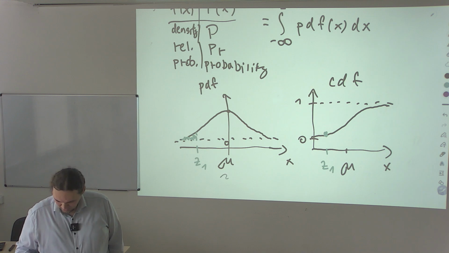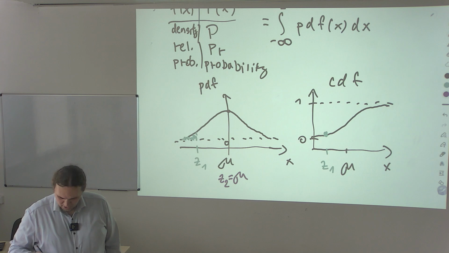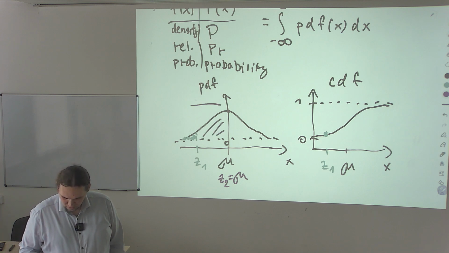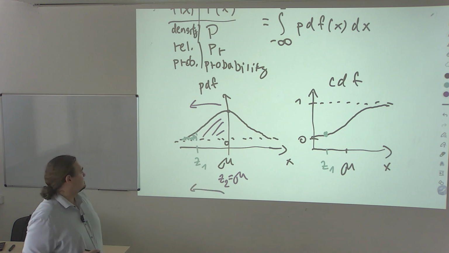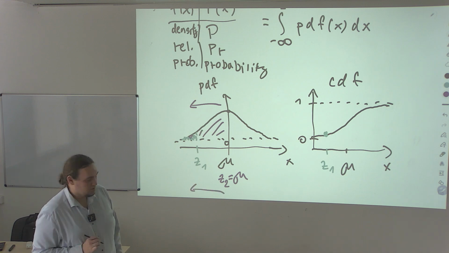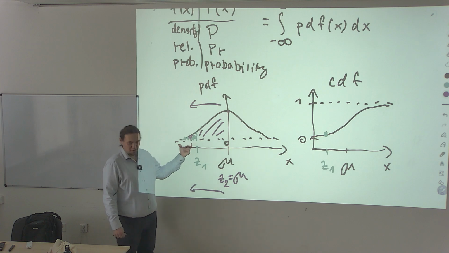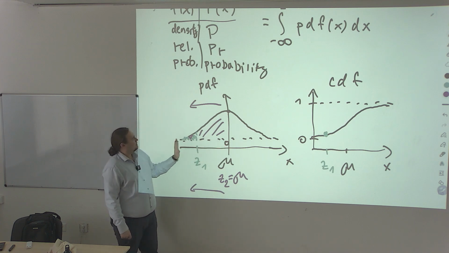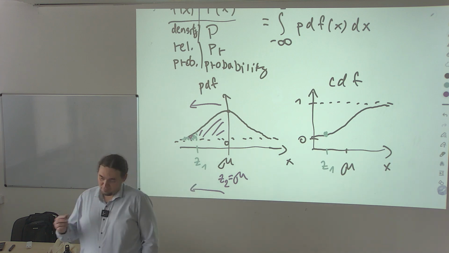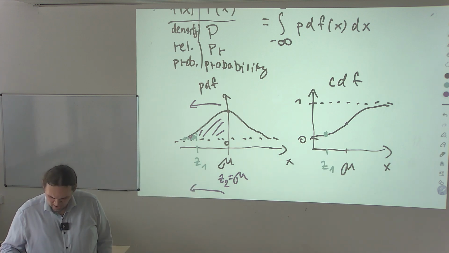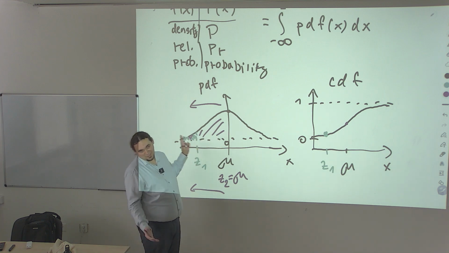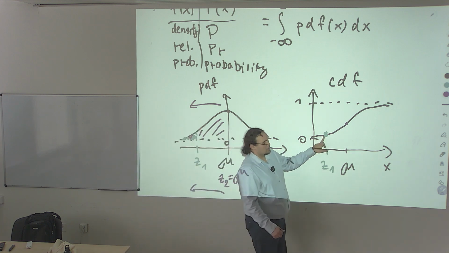Let's say that we take our z2 to be equal to mu. So now we are trying to get this integral, including the previous one, getting the area under half of this curve. Apparently, we need to get a bigger number than the blue one, than the number we got for Z1.